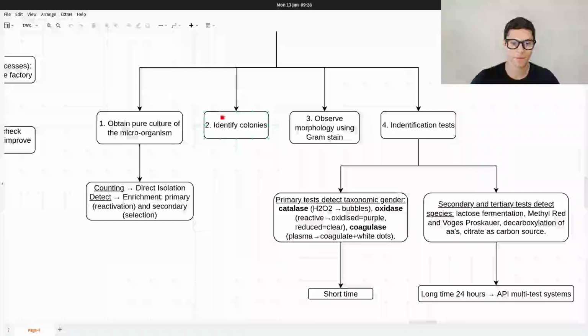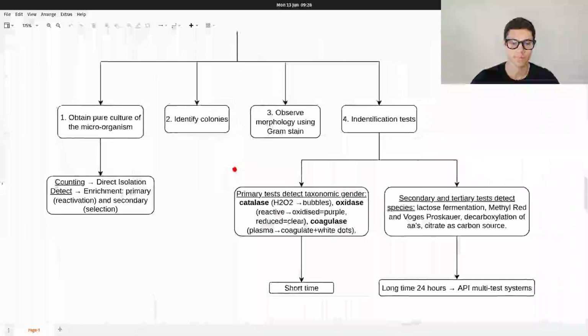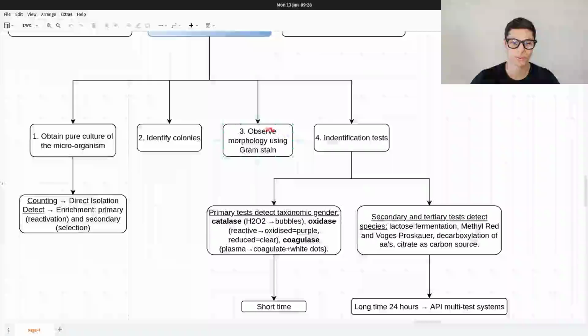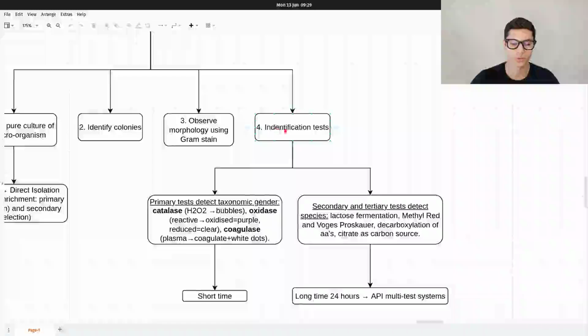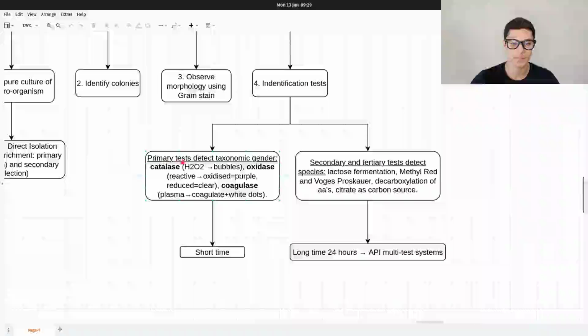Then we have to identify the colonies. We observe their morphology using the Gram stain, and then we do the identification tests. We have the primary tests that detect the taxonomic genus, and the secondary ones that detect the species.